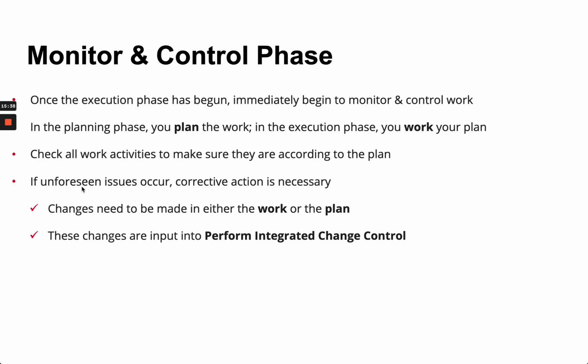If something unforeseen occurs, you take the corrective action. Okay, changes need to be made, either the work or in the plan. Change control, as I touched upon earlier, you want to make sure whatever changes, they are worthwhile and they add to your project versus hindering your project.